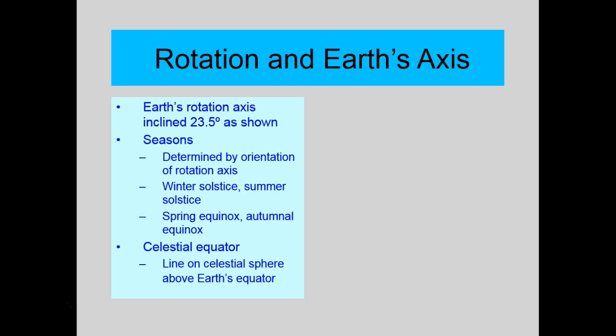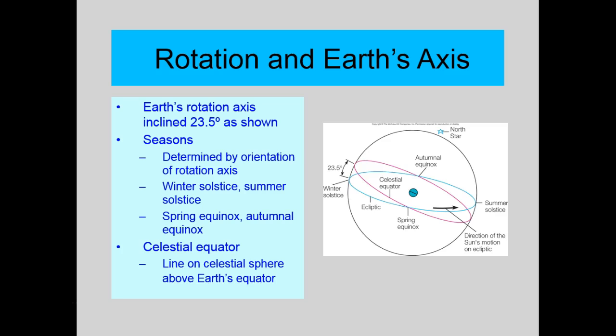Okay, so let's get to our spinning, our rotation and the Earth's axis. The Earth's rotation axis is inclined 23.5 degrees, as shown. The seasons are determined by the orientation of the rotation axis.